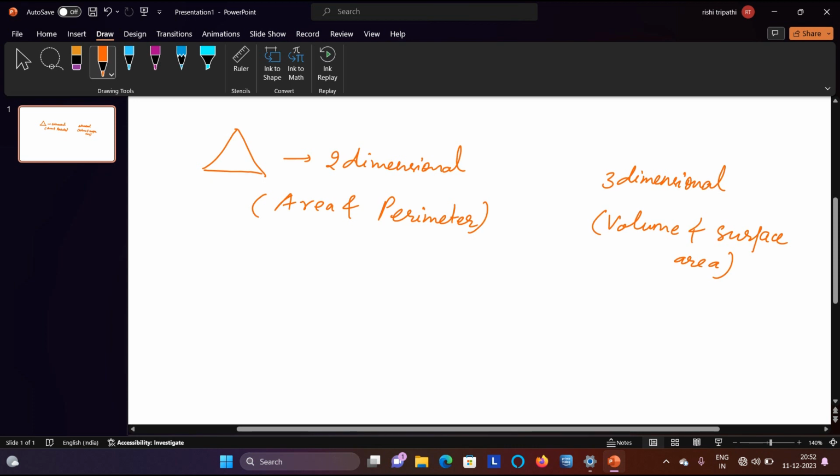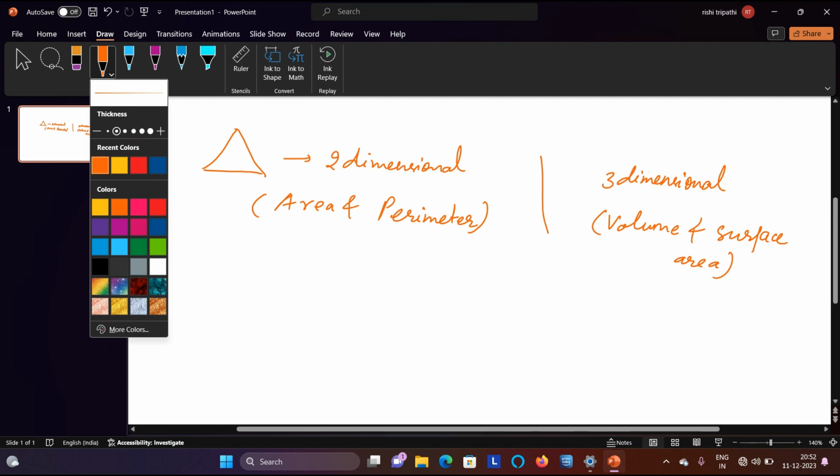So what is the difference between two-dimensional and three-dimensional? A two-dimensional figure you can't hold by hand, whereas a three-dimensional figure you can hold by hand. So we will not talk about this mensuration here.